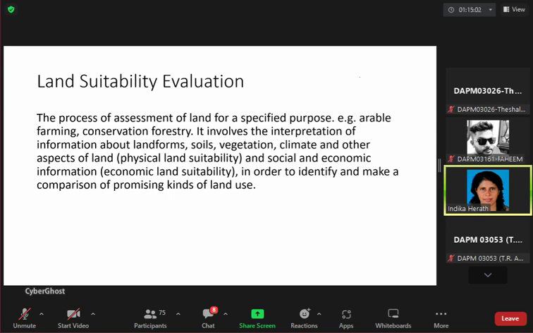Sometimes we also consider social and economic information in order to identify whether this is suitable land for that purpose. Therefore, land suitability evaluation is a process we conduct to assess whether the land is good for cultivation of that particular crop.